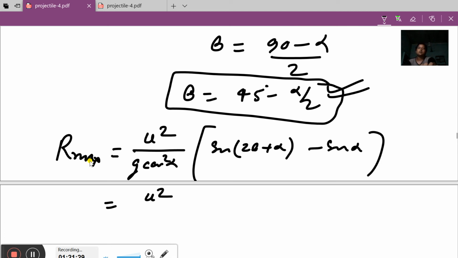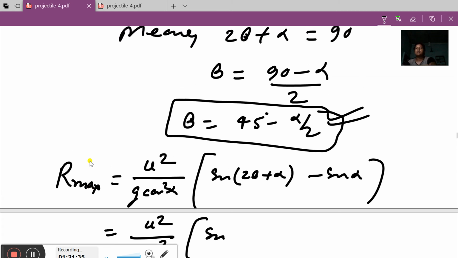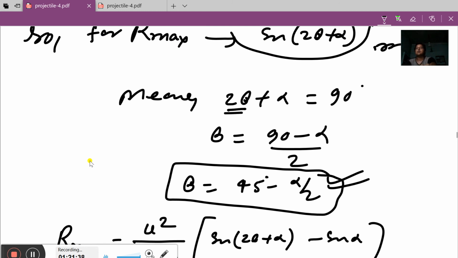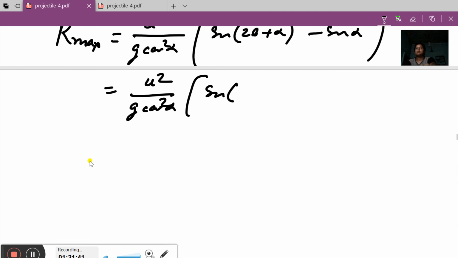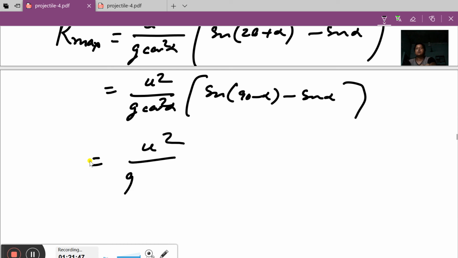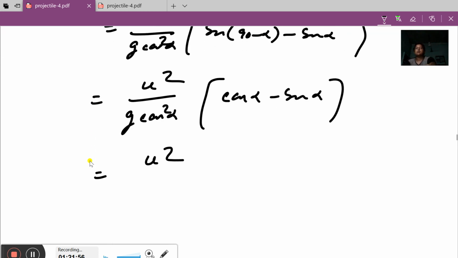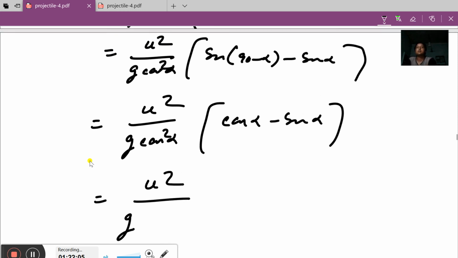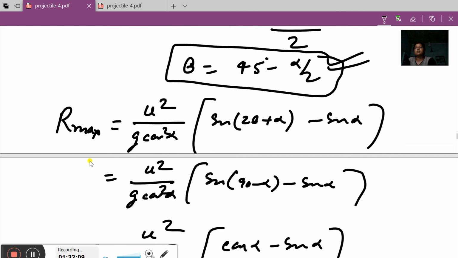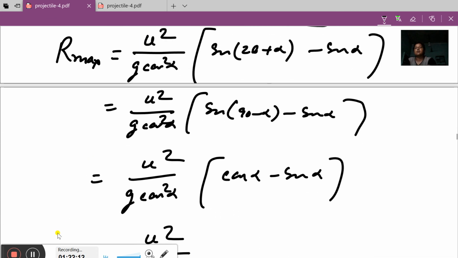Putting the value, what is sin 2 theta plus alpha? 2 theta plus alpha is 90 degrees, so sin 90 is 1, giving 1 minus sin alpha. So R maxima is u square over g cos square alpha into 1 minus sin alpha.